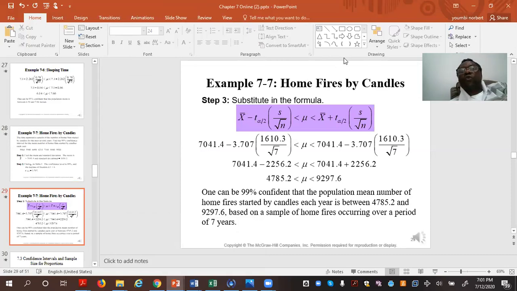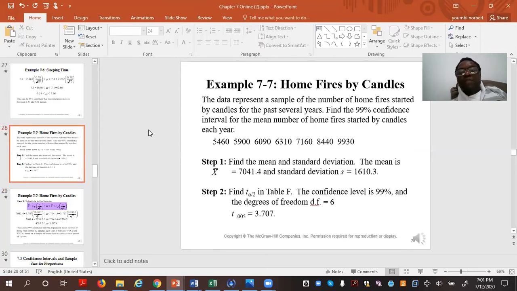I just assume if you got the mean right, then everything else will be right. Let's just assume that, because I want us to go back to the PowerPoint. So this is the PowerPoint. Remember, this problem did not provide you with the mean, but it provided you with data values. So Excel gave you the mean and the standard deviation.